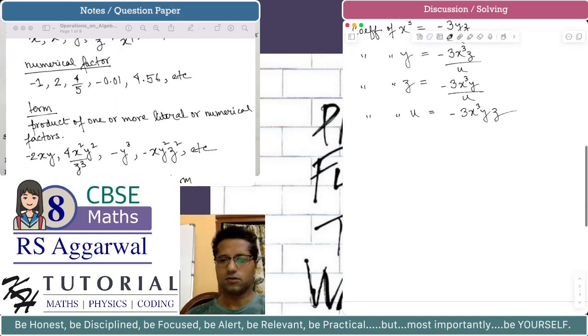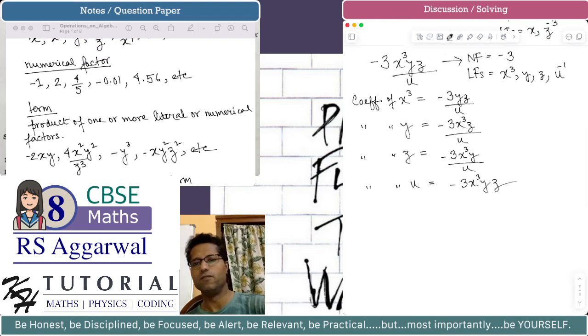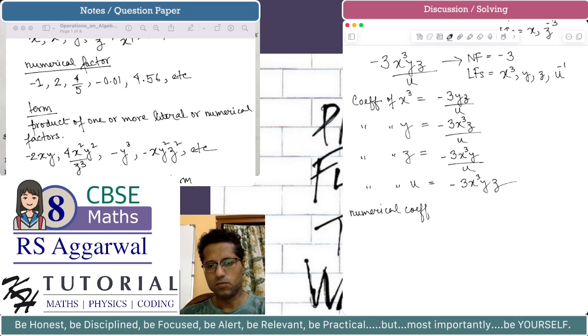Let's say for this term only, minus 3 x cube y z by u, this is the numerical coefficient of a term, which is also known as simply coefficient.